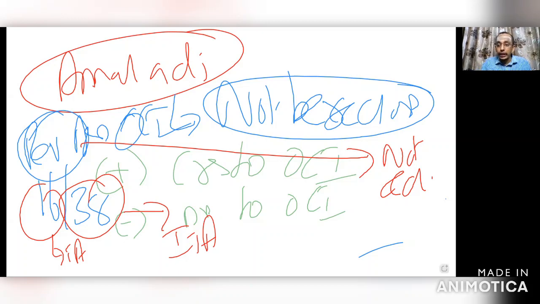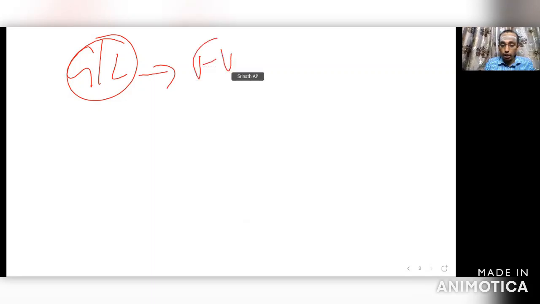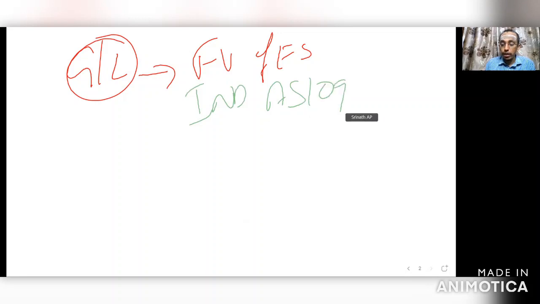Similarly, the next item that would be ignored is gains or losses that arise on account of fair valuation of equity instruments as given in INDAS 109.